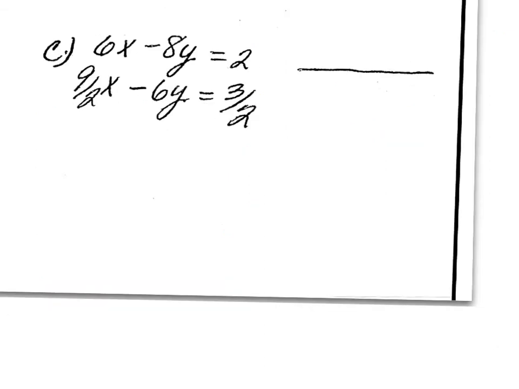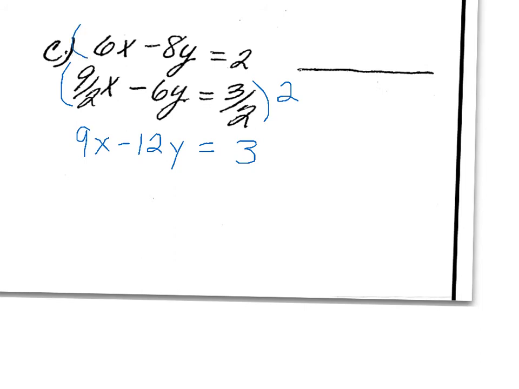For problem C, we start off with an equation that has some fractions in it. So to get rid of the fractions, we can multiply by the denominator, which is 2. So that will give us 9x minus 12y equals 3. And then we can multiply the top equation. Maybe it's easier to get the x's to be the same.